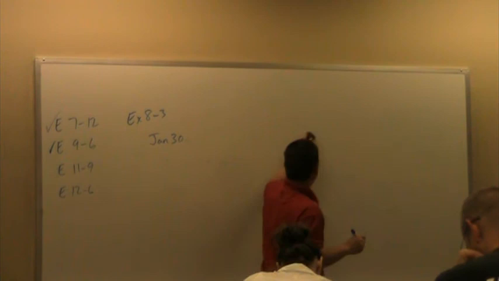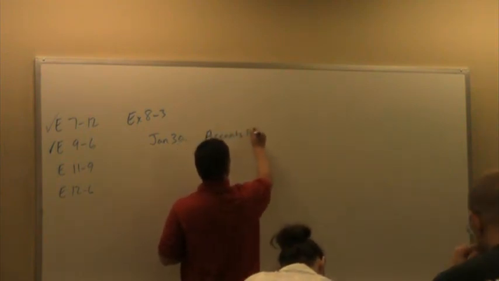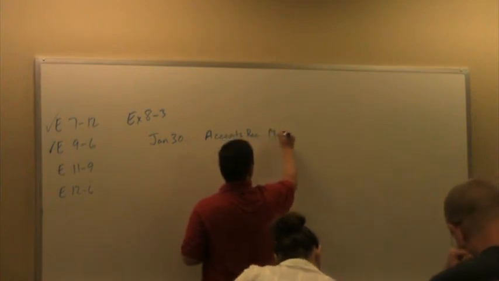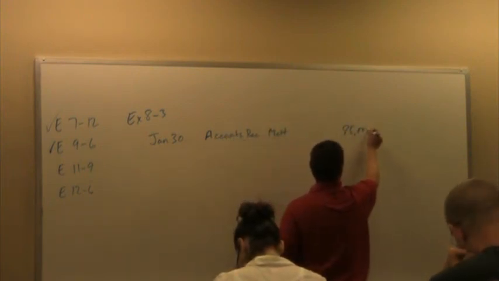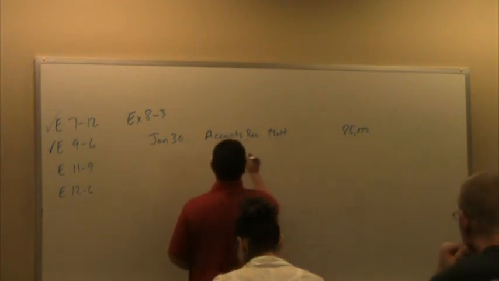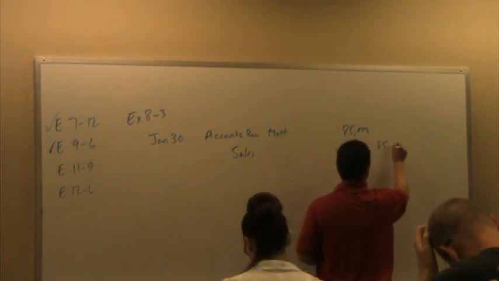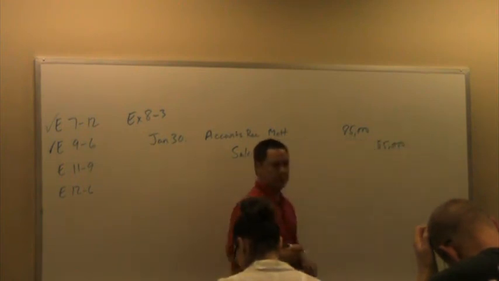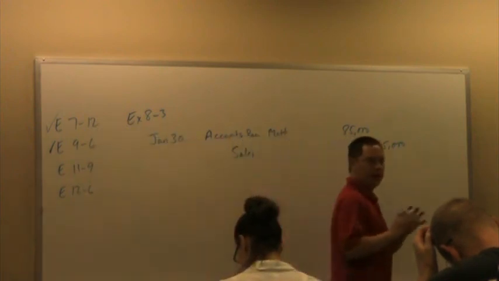On account. So I'm going to put accounts receivable, Mott, $85,000. And then we have sales, that's what we're going to credit for $85,000. That was our sales. Pretty good there. How we got that?